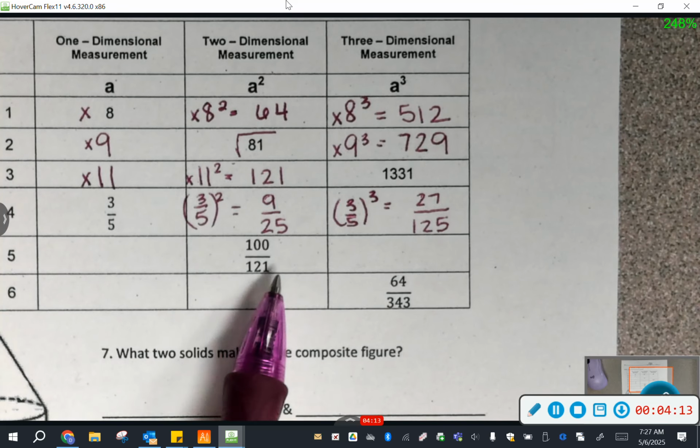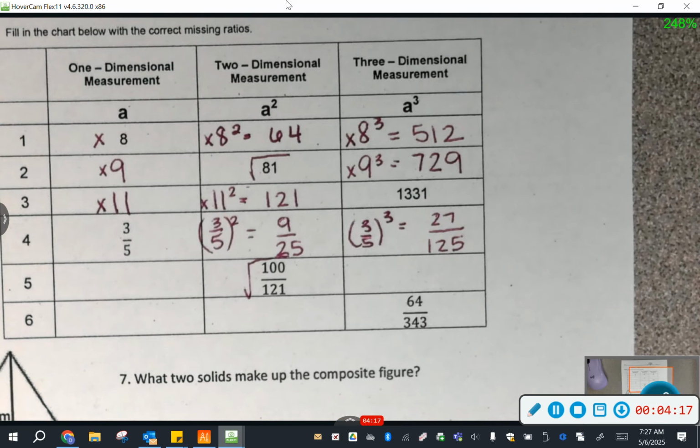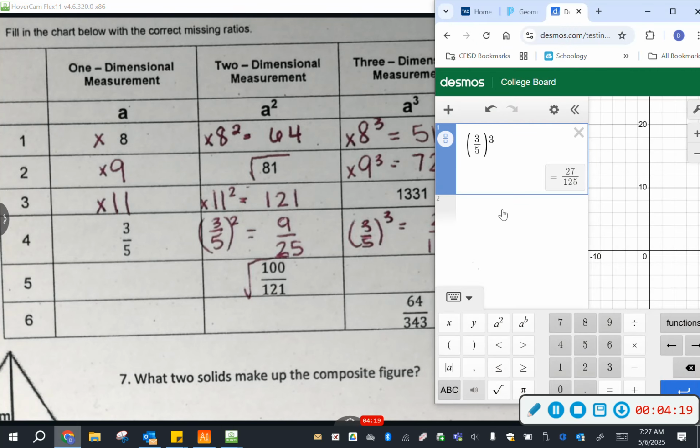Again, what do we do for the middle column? Square root it. And yes, your calculator will square root this ugly fraction for you. So hit the square root button, and you would do 100 divided by 121. Again, disgusting decimal, but beautiful fraction. Where does that 10 over 11 go?